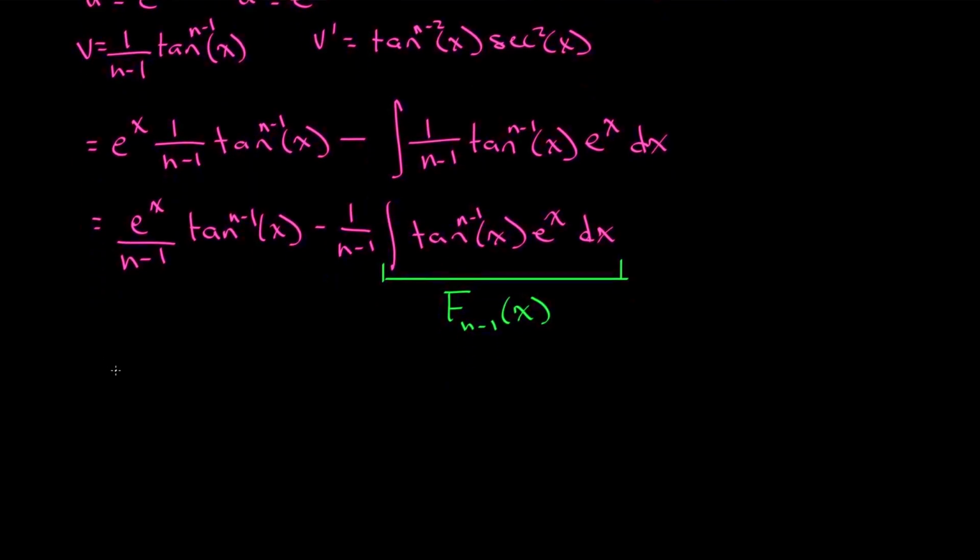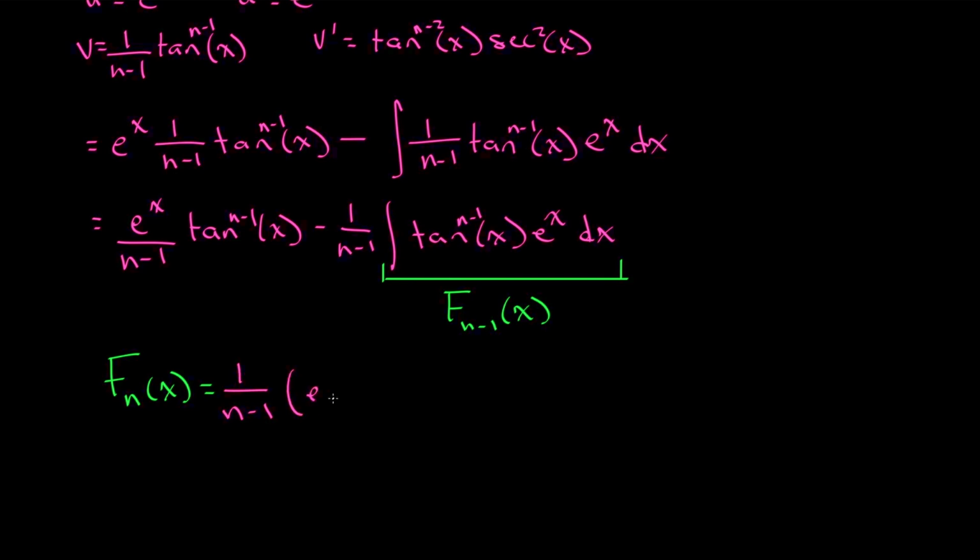So we said originally we wanted to find capital F sub n of x. And we found this to be, combining all of our answers here, e to the x. And then maybe we can factor out, yeah, let's factor out a 1 over n minus 1. Let's take that out. So we have 1 over n minus 1 times everything in here.